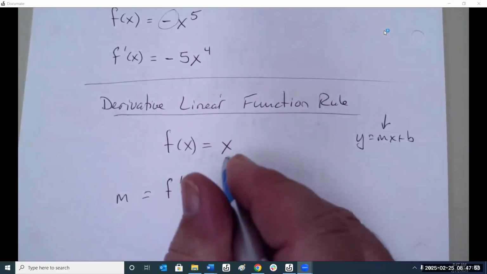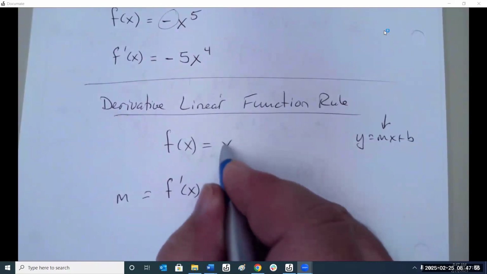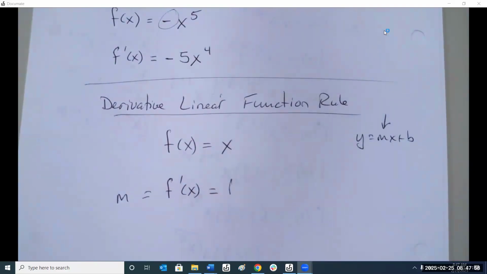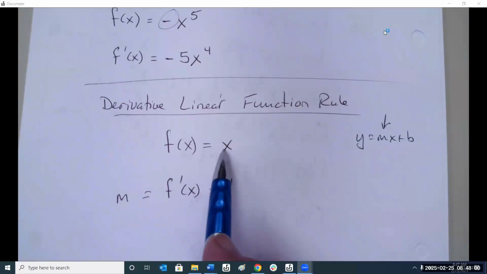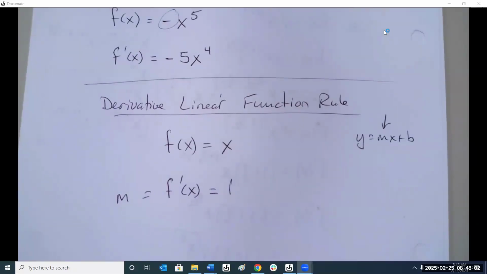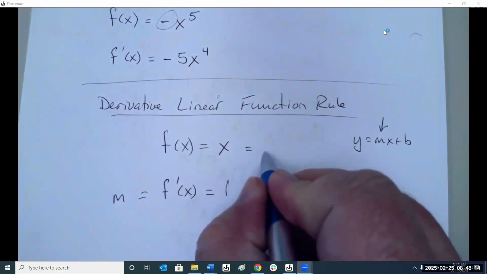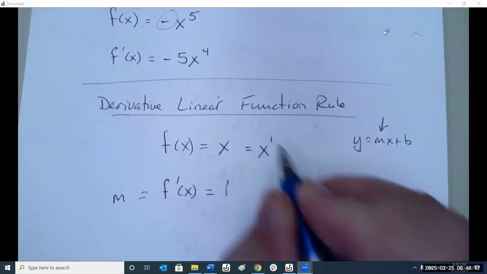So in other words, what this tells us, the x, if it's by itself, it disappears. Why does the x turn into a 1? With what we did today, using the power rule, how is that true? Exactly. So the exponent is 1.